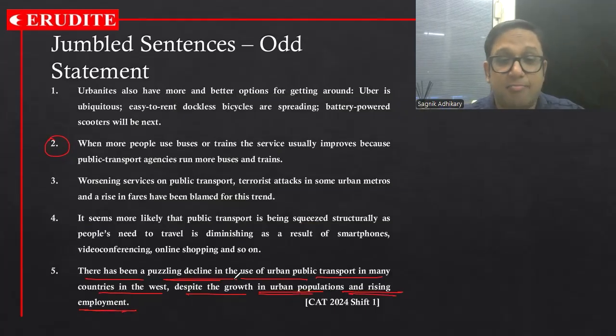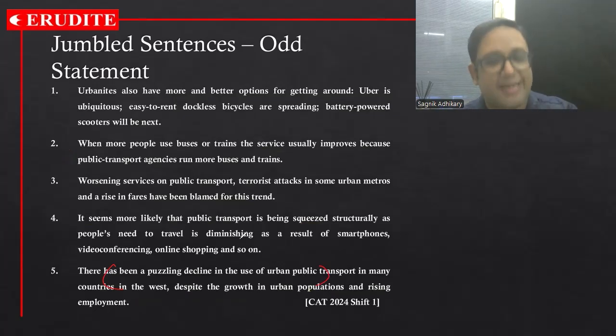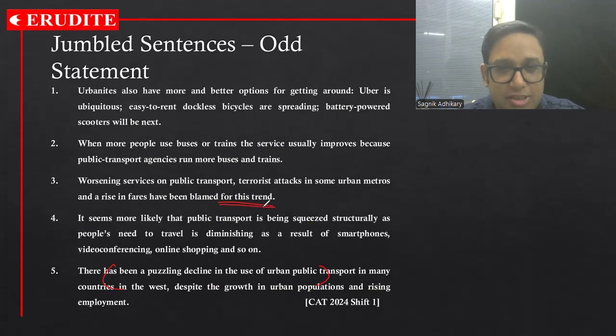Despite that, there has been a puzzling decline in the use of urban public transport in many countries in the West. We see that this mentions a trend in a decline in the use of urban public transport. And then we've seen that another statement, it talks about this trend, which is statement 3. So statement 3 and 5 are directly connected.